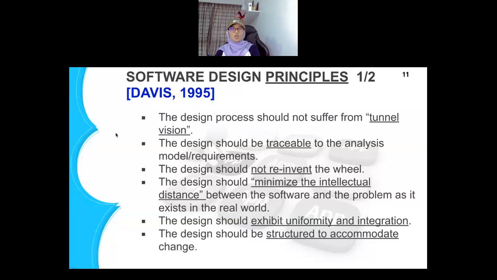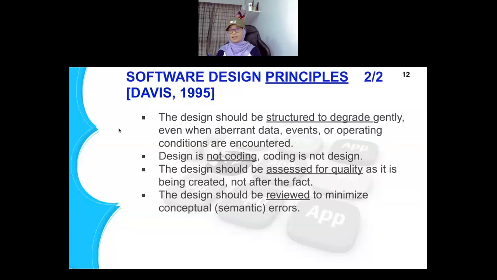Talking about uniformity and integration, yes, we want the design to be integrated and structured to accommodate any changes. Next, structured to degrade gently, even when you can degrade, upgrade, or lower grade.